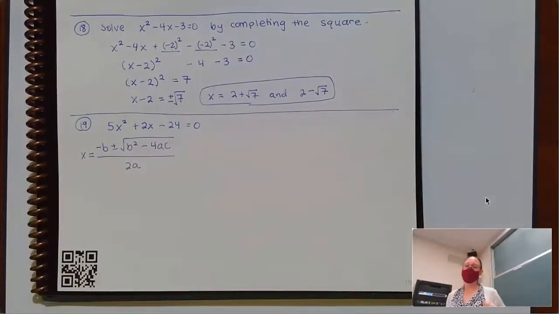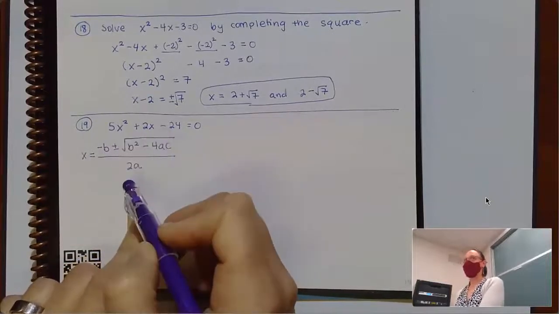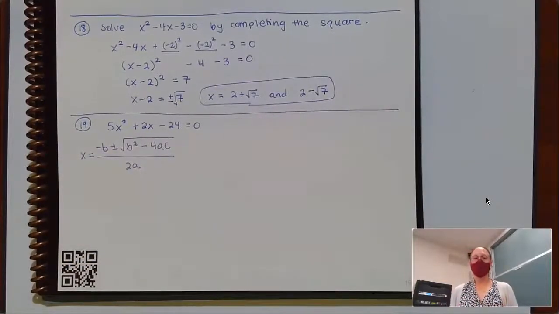If you use quadratic formula on the test, I do not expect you to simplify it unless the number inside the square root is a perfect square. But I do want you to get the part under the square root to be a single number. But after you do that, you can stop.